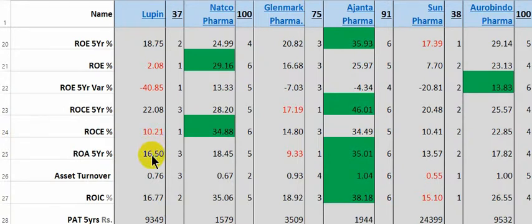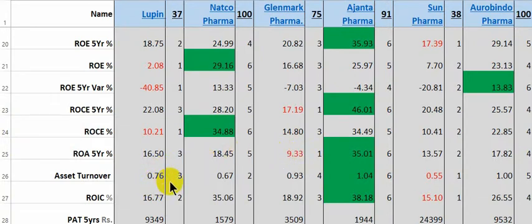On return on assets, Ajanta Pharma has done the best, earning 35% on the total assets employed into the business. Glenmark has managed the least in terms of earning returns on its assets at 9.3%. These ratios help us understand how the company's management has performed in basically translating the capital, the assets, into profits.